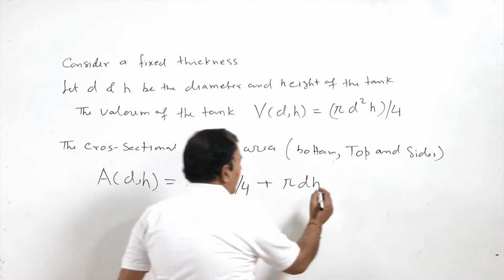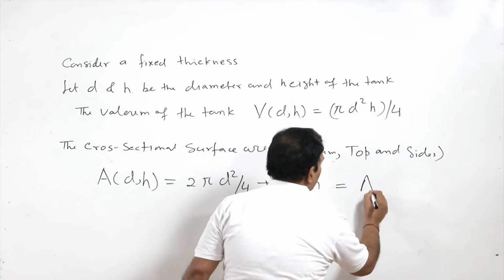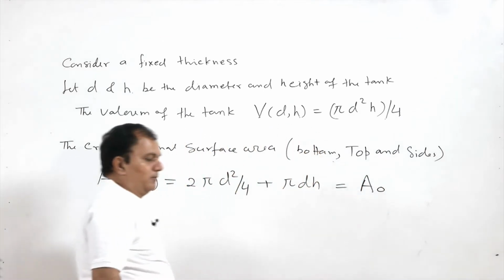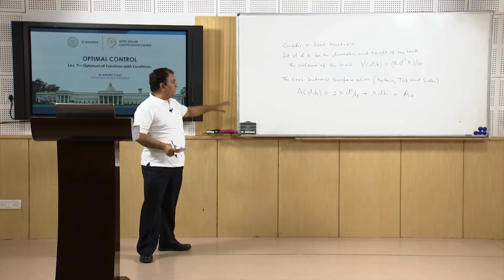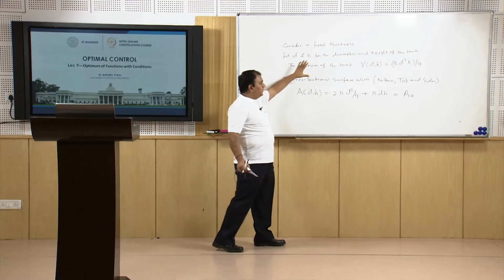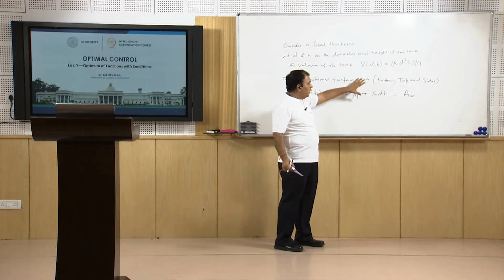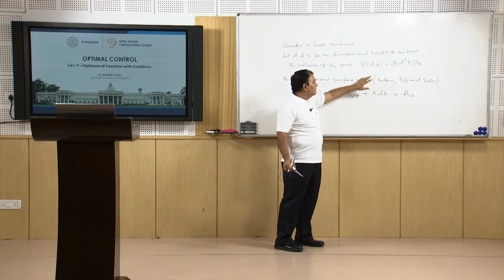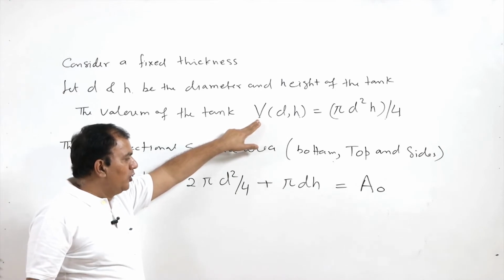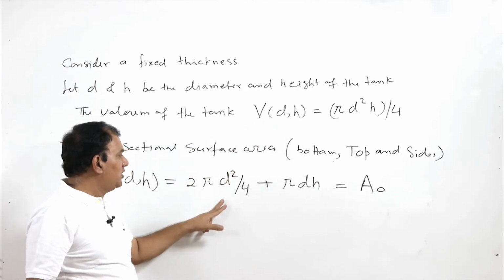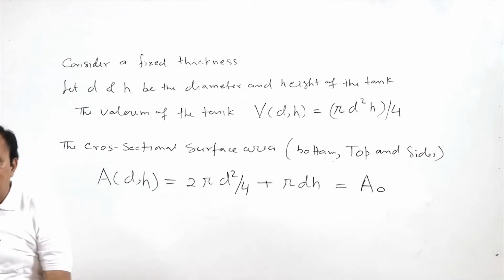Let us say this value is a naught. So, this is my extremization problem with a given condition, where my objective is to maximize the volume subject to the condition given as A.